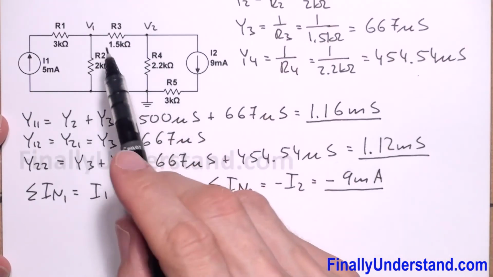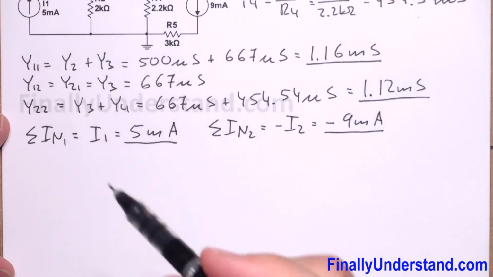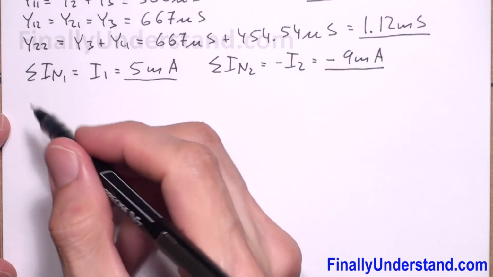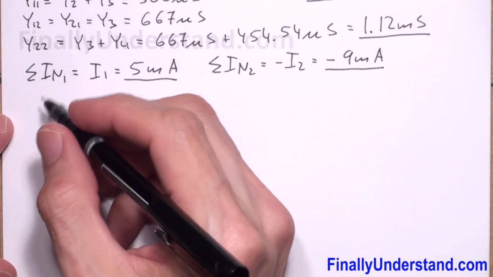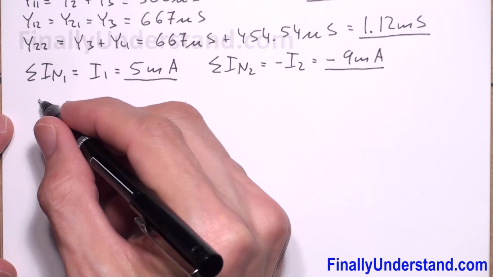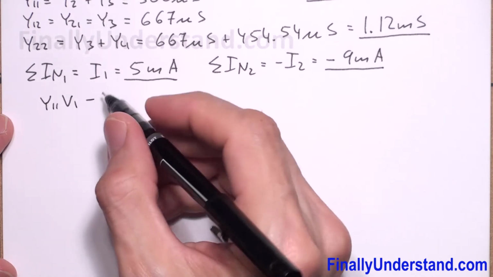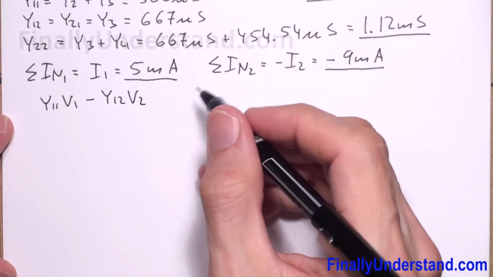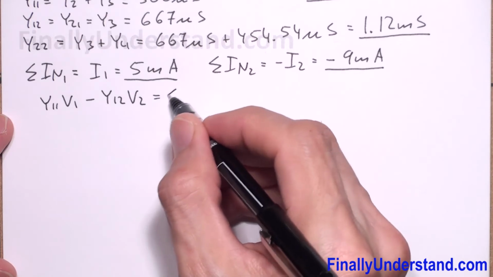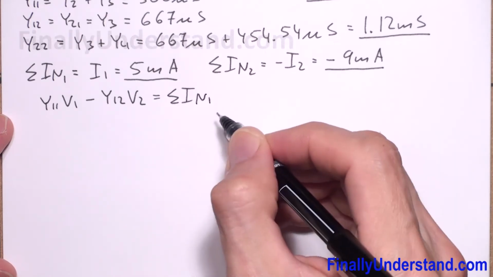Now we are ready to write the general formula for the two-node circuit. So I have my nodal equations. I have Y11 V1 minus Y12 V2 is equal to the sum of the currents going to node 1.